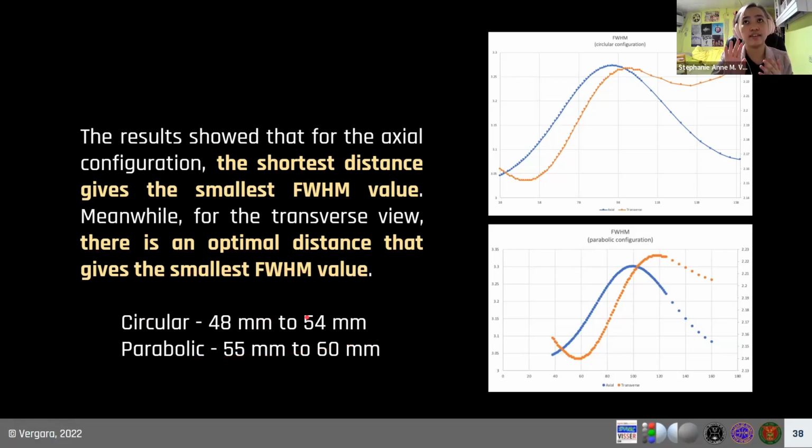So it is more ideal to have a parabolic configuration, if I compare sa circular, sa side-by-side. Okay, okay.